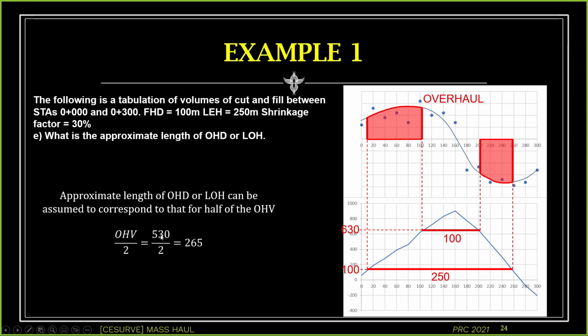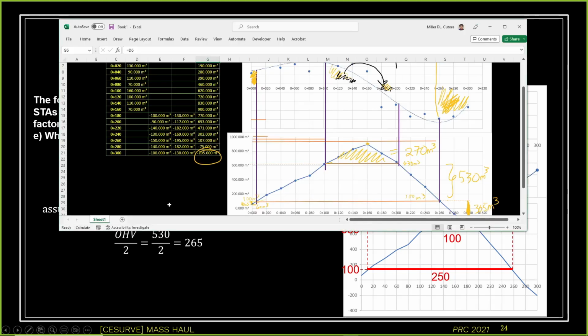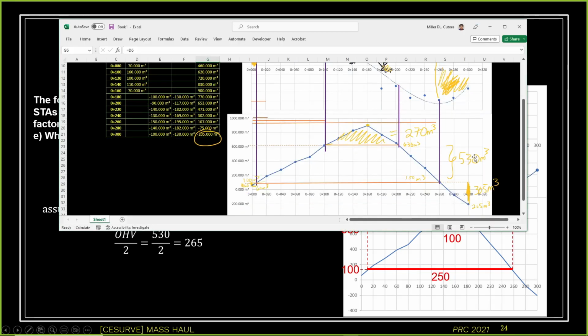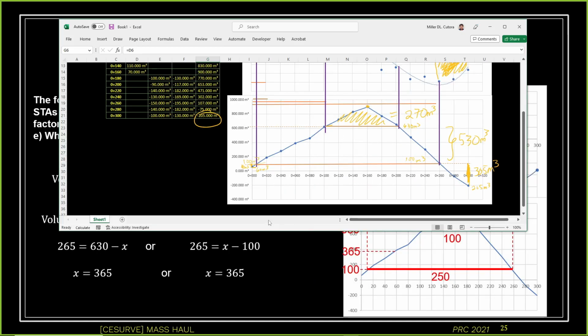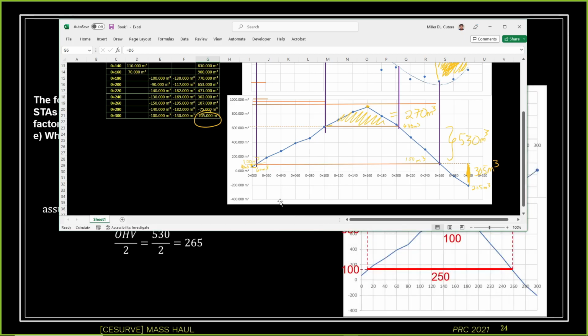So, 530 divided by 2, so 265. Again, si 530 nanggaling sa 630 minus 100. Now, etong 265, it is the distance from here to here. Ito, 530, from here to here is 530.